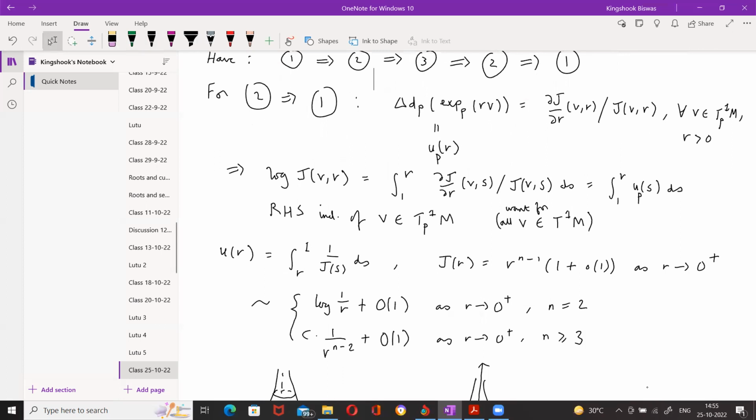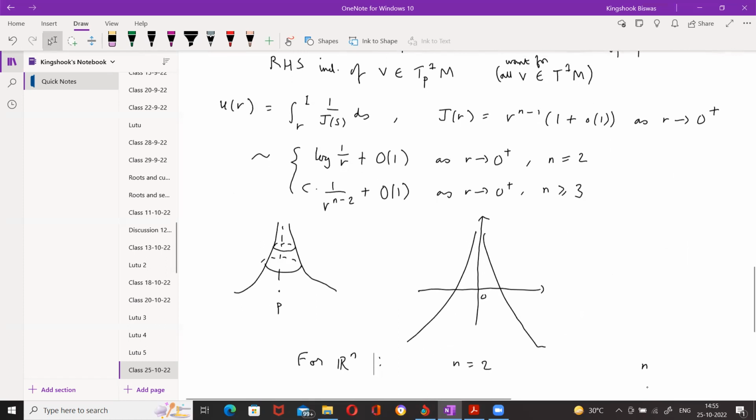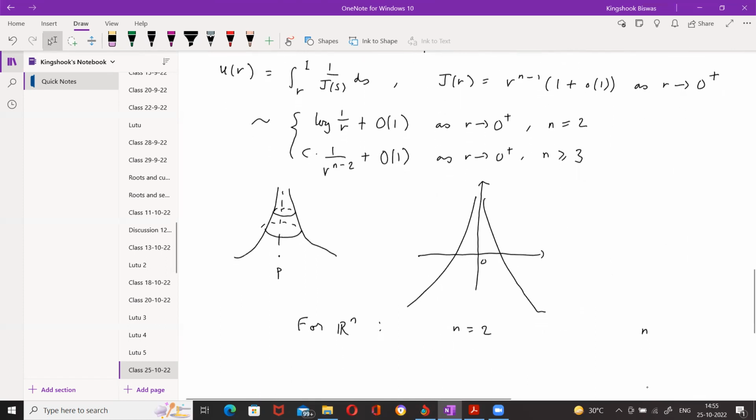So in Rn you get exactly these functions, log 1 over r and a constant times 1 over r to the n minus 2. The pictures will be different for n equal to 2 and n greater than or equal to 3.